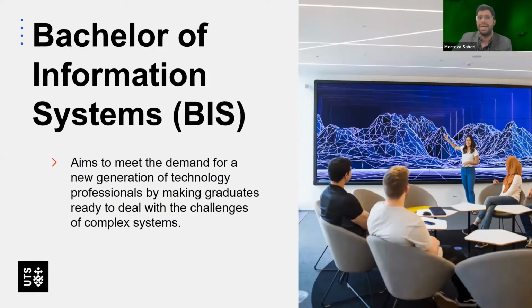So in the Bachelor of Information Systems, the reason is, again, you look around, you look at the social media, you look at the news. We need information system specialists. If you look at the news, you can see in the whole world, and especially in Australia, we need experts. We need people who are able to deal with the huge amount of critical information which organizations have.